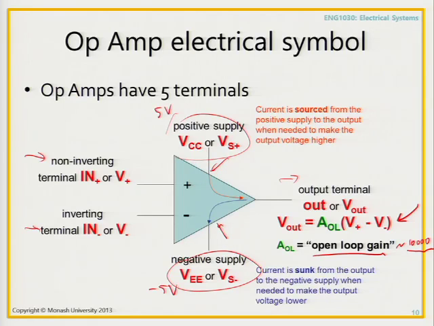What does that do? The output of this op amp can only ever be as large as the supply voltage. I'm supplying this microchip with 5 volts, so the maximum output of our op amp can only be 5 volts, regardless of what this equation outputs. So we don't get 10,000 volts.